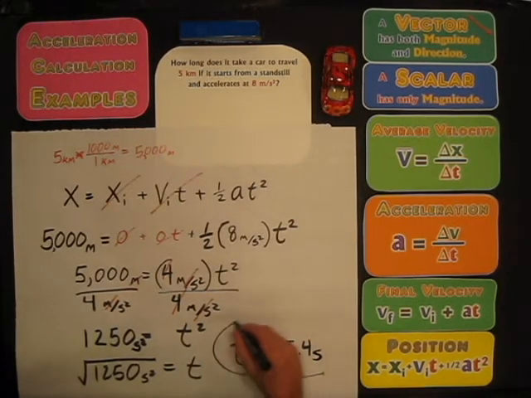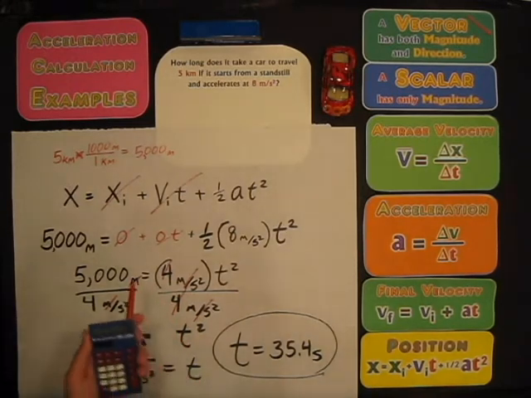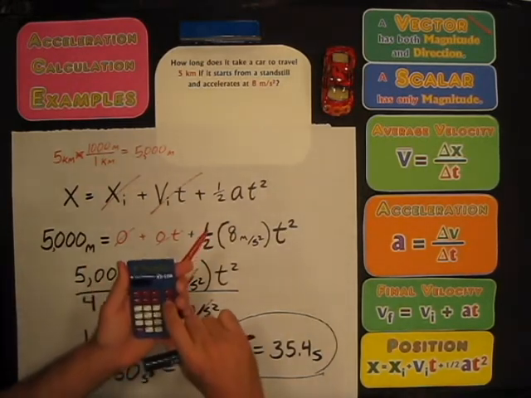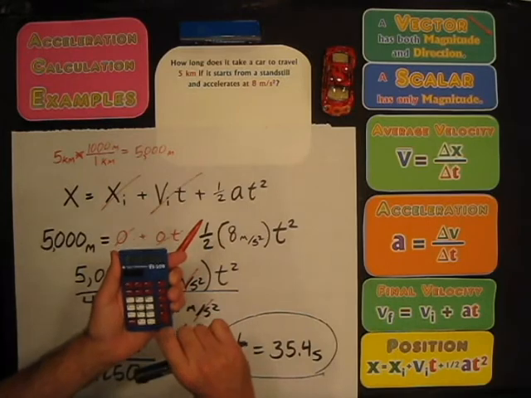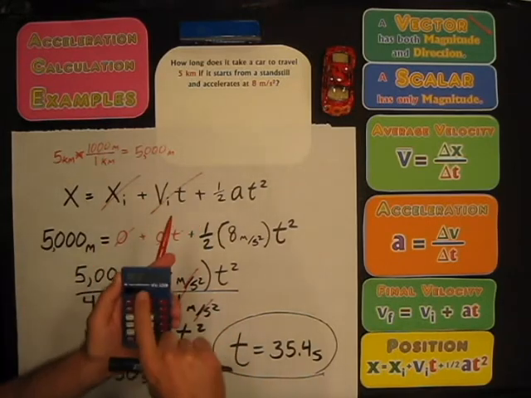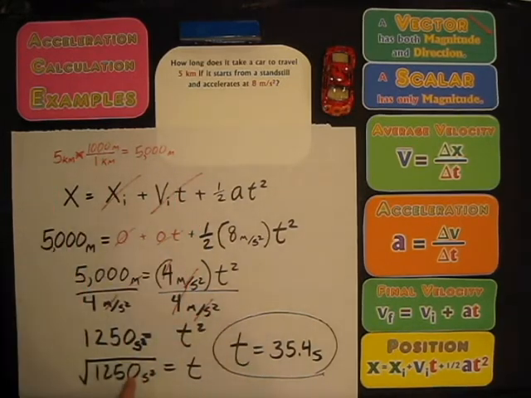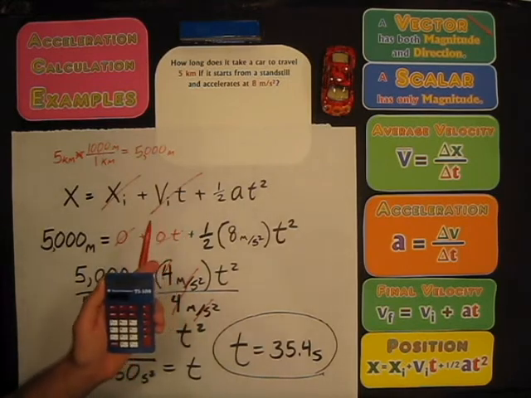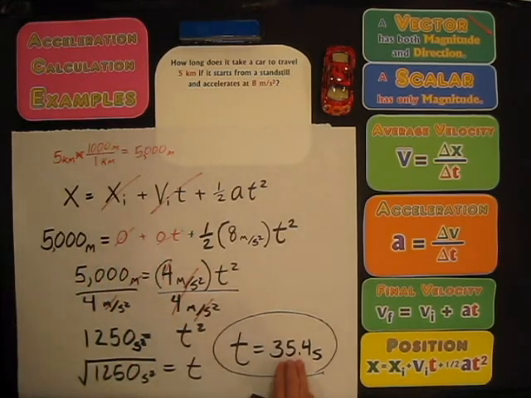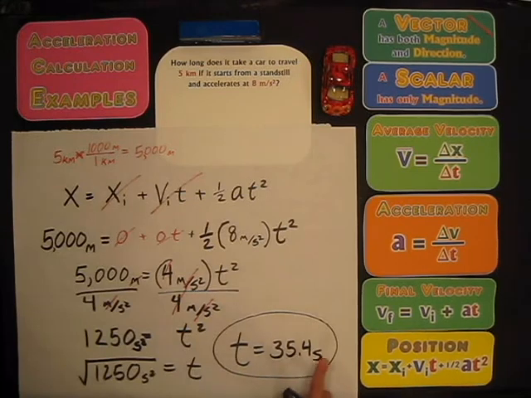And then what I like to do whenever I take a square root, just to be safe, to make sure that's right, is to do times itself, equals. Make sure you get back to a number that at least rounds to this, because things can go wrong on calculators. So this number times this number should get us back to this. Seconds times seconds gets us back to seconds squared.